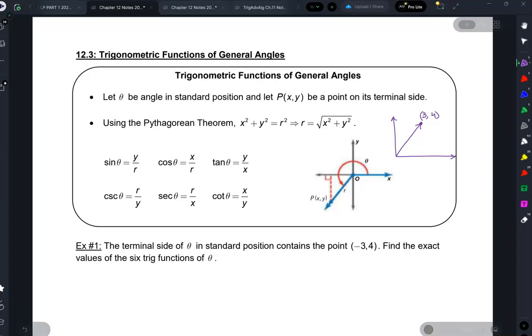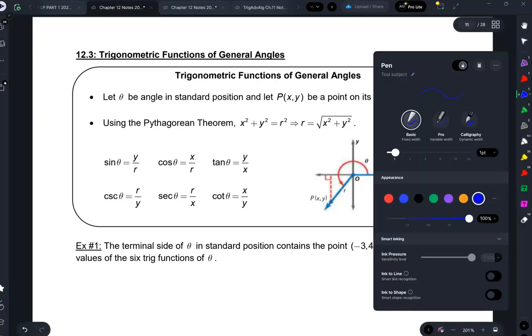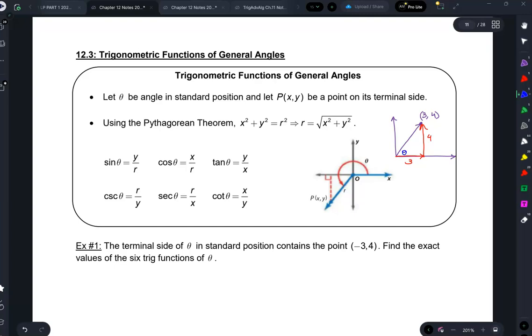To get to that point, you would have to go horizontally a little bit and vertically a little bit, right? Horizontally, you would have to go 3. Vertically, you would have to go 4. Now, by doing this, we created an angle right over here. Why don't we name that theta?